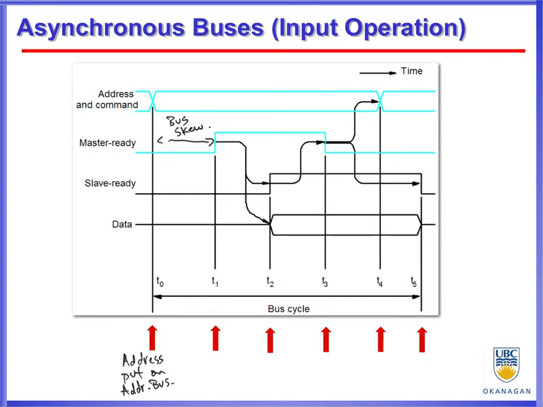So bus skew, again, is the difference in propagation time when a signal is sent out by a single source to multiple receivers, and it takes different amounts of time to get there. That's what we call bus skew. So basically, you've got to wait until all of the devices have received this information before you can tell them, hey, I'm ready.